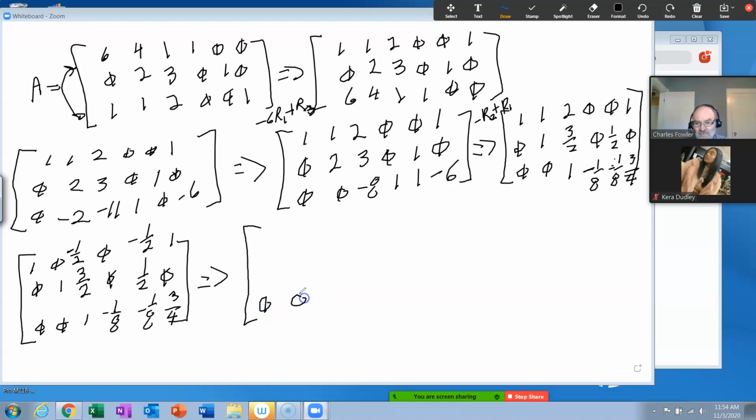So we have a 0, 0, 1, negative 1/8, negative 1/8, 3/4. All right. And 1 half times row 3 plus row 1: 1, 0, 0.